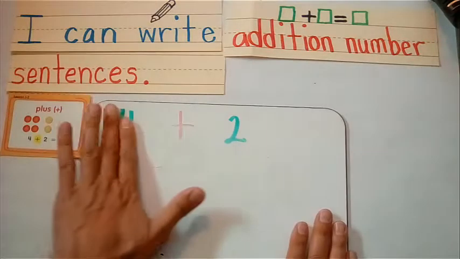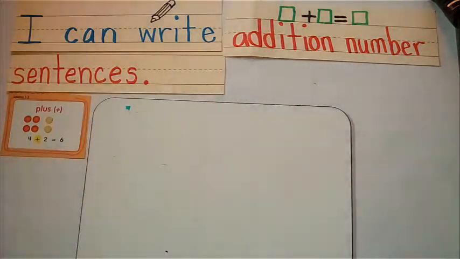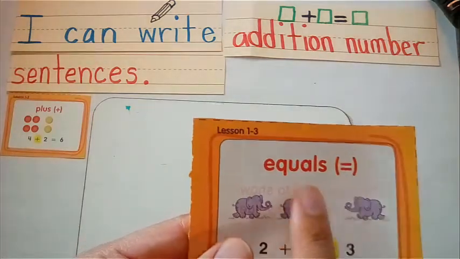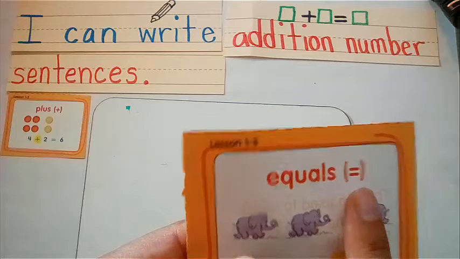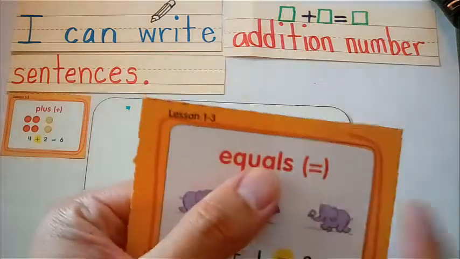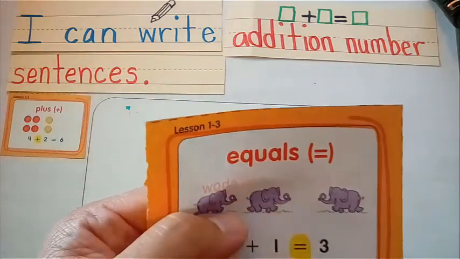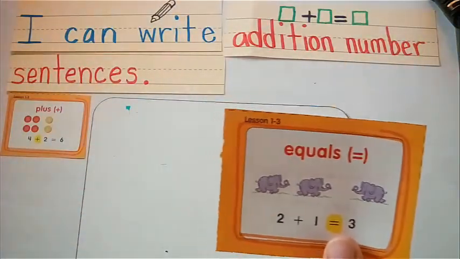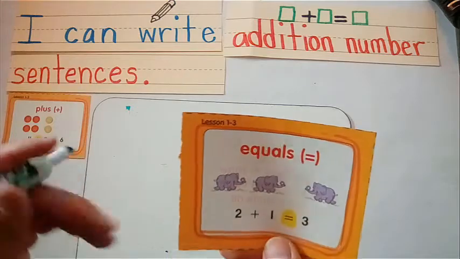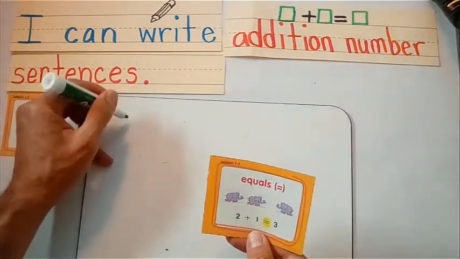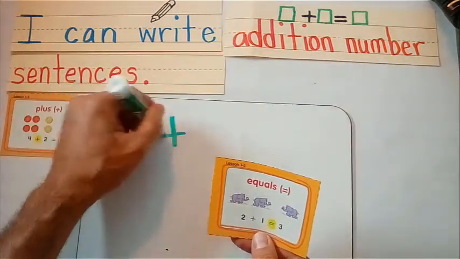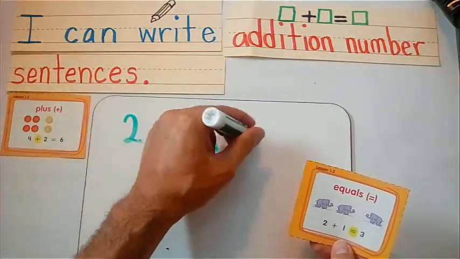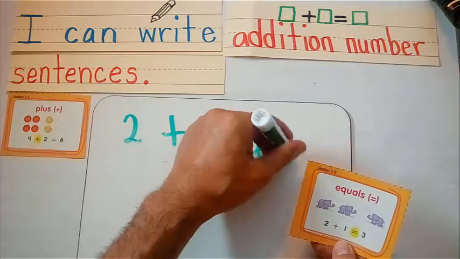Another word that I want to talk about today is the word equals. The symbol for equals looks like this. It's two lines going horizontal, or laying flat. Again, when we have a number sentence, we say 2 plus 1, and now do not write the word equals.